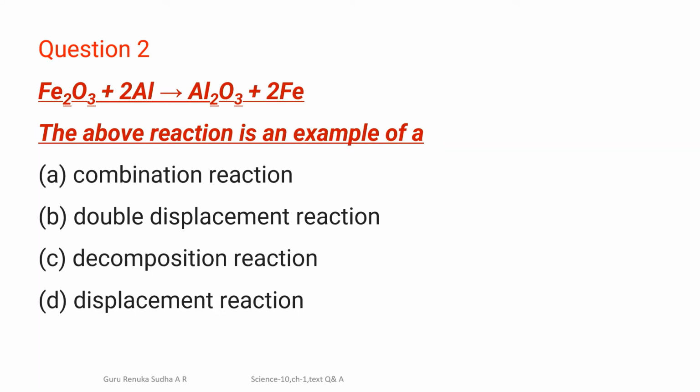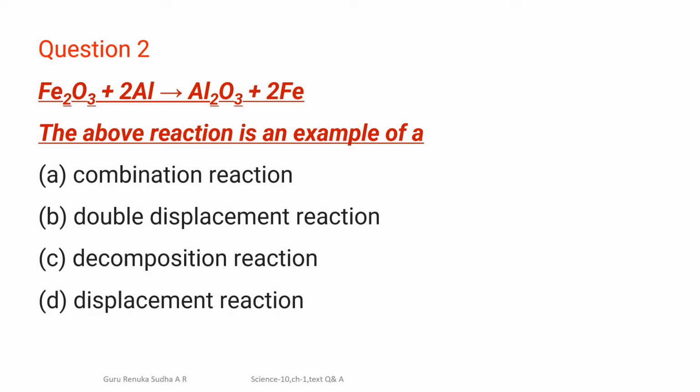See, observe carefully. Oxygen has replaced its position. That means it is displacement of oxygen we are observing. So on observing these things, you have to observe which type of reaction it belongs to.